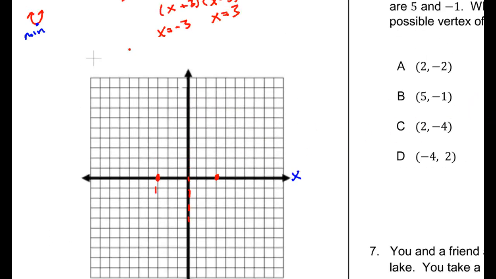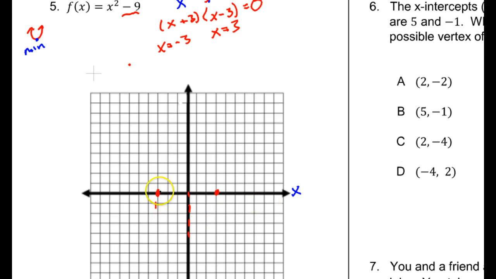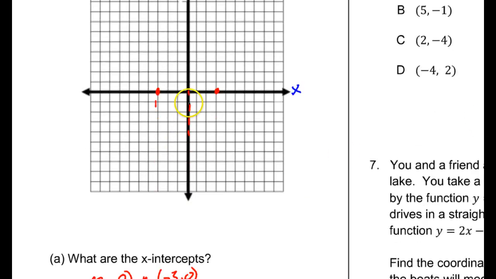And how far down? Well, if our axis of symmetry is 0, our y-intercept happens to be on the axis of symmetry. So it's going to be at 1, 2, 3, 4, 5, 6, 7, 8, 9. So my vertex is also my y-intercept in this particular problem.